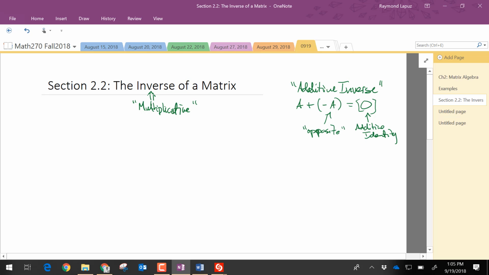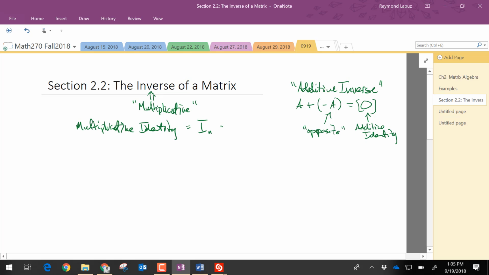And for you to address the multiplicative inverse, you need to know the multiplicative identity. And the multiplicative identity was brought up in one of those properties. It's denoted by I, and then they have a subscript n to tell you the size of the matrix.